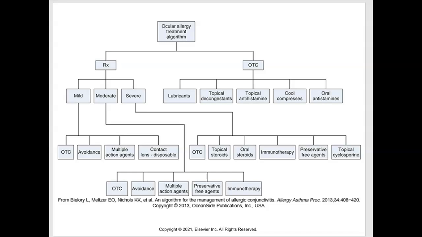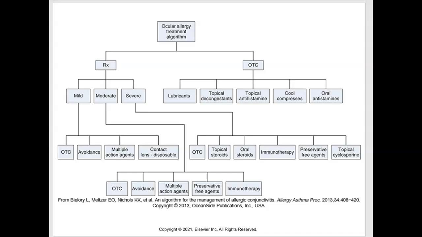Okay, but if they come to you and they're pretty miserable, we do have options, as we talked about now, for prescriptions. Okay, mild symptoms would be like mild itching that's intermittent or short-lived. Moderate symptoms would be mild to severe itching that lasts a few days to 2 weeks without eye redness. And then severe symptoms are moderate to severe itching that is chronic with eye redness.